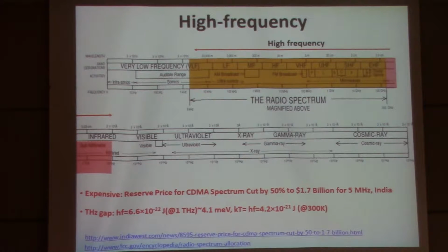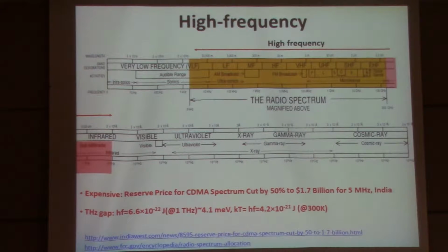I'm not sure if Dr. Harrow had a chance to tell you guys how high the transistors could work, right? In this frequency range, the frequency is very high for the transistors to generate power effectively, but it's also too low for the optical people.